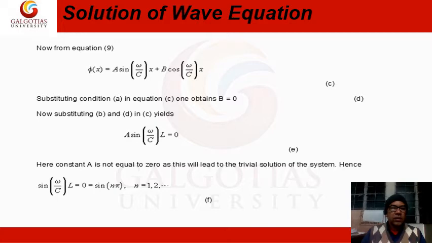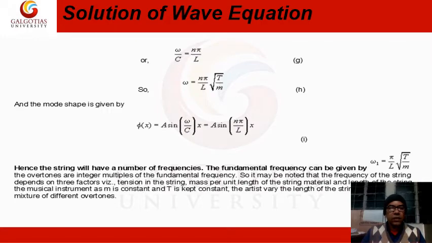Hence sine omega l by c equals 0, and the solution of that is sine n pi, where n is 1, 2, 3 to infinity, and omega by c equals n pi by l, where omega equals n pi by l under root T by mu. The mode shape is given by phi(x) equals a sine n pi x by L, and hence the string will have a number of frequencies.